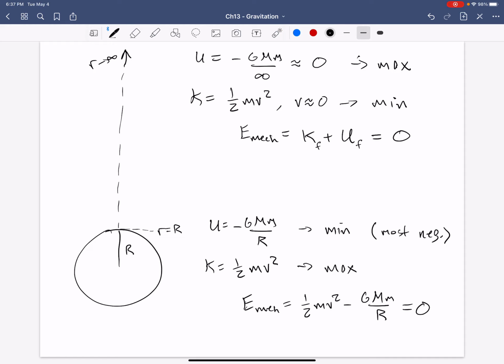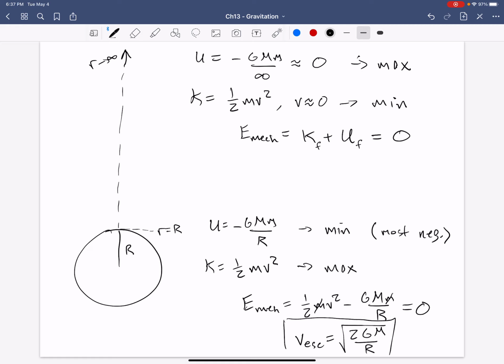So let's see what that means as far as this speed here. What speed does the object have to reach an infinite distance away? That's known as the escape speed. So I'm just going to solve that equation for V. We see that the mass of that spacecraft or the satellite cancels out, and we should get the square root of 2GM over the radius of the planet.